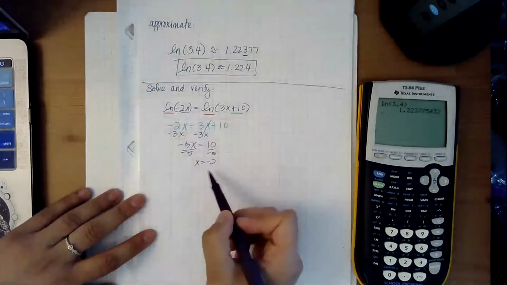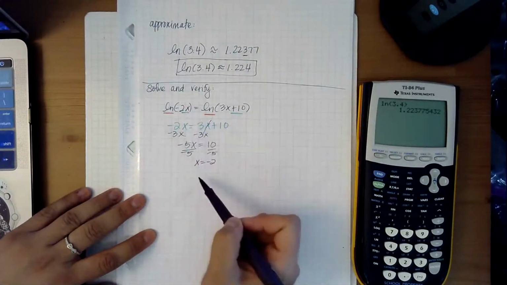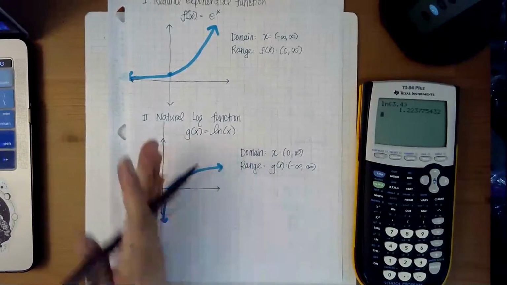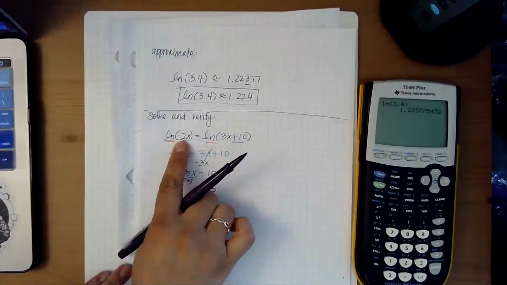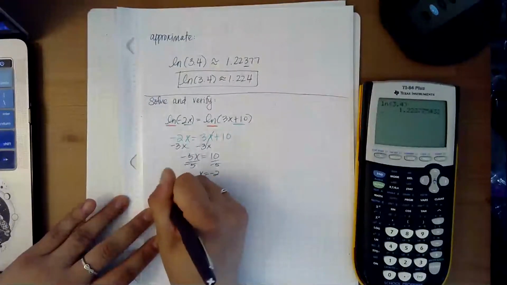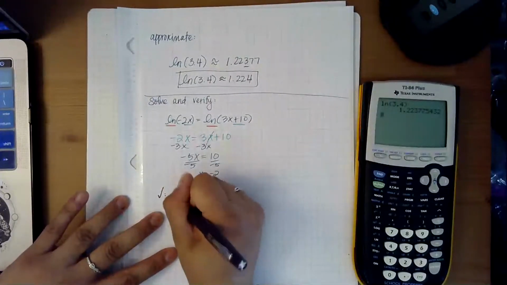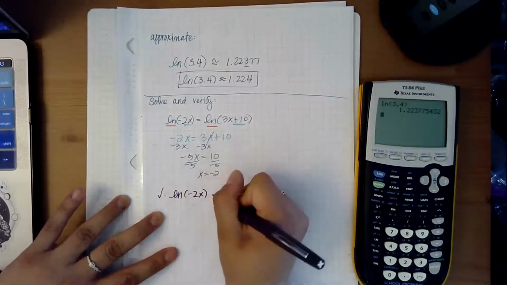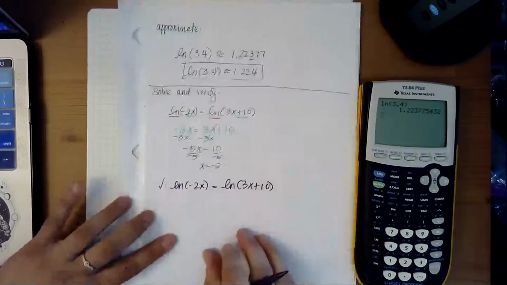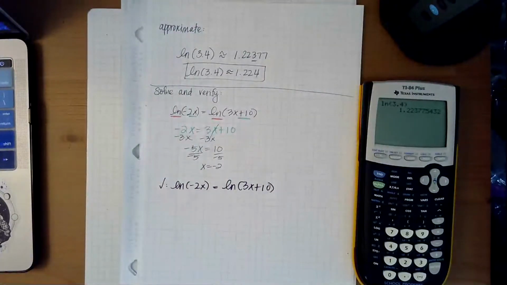Now here, this input, if it was just x, it would not be valid, right? Because my natural log, if I look at my original, does not have any negative inputs. But I do recognize that it has some other coefficient here, which is probably going to make it true. We're going to check that out right now. Whenever I verify, I have ln of negative 2x, and I always start with my original equation, 3x plus 10. Then I simplify and substitute the given information.